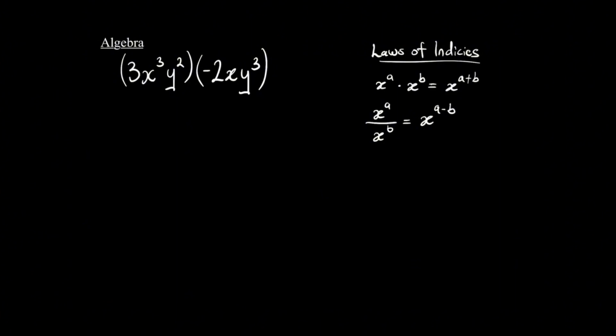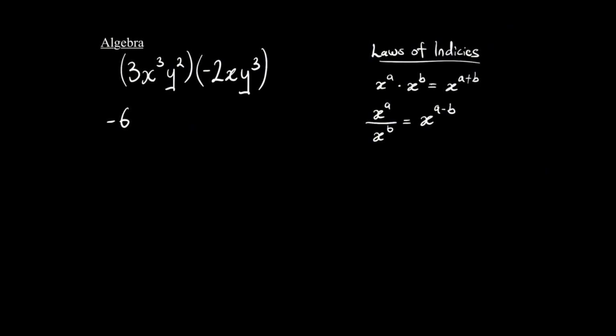So firstly, we can multiply the numbers, and so we could have 3 times negative 2 is negative 6, and we have x cubed multiplied by x, which the power of x here is just 1. But in mathematics, we do not write 1 when 1 is the power or 1 is the coefficient.